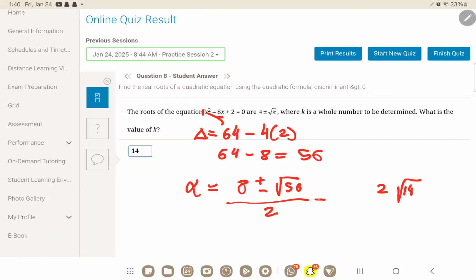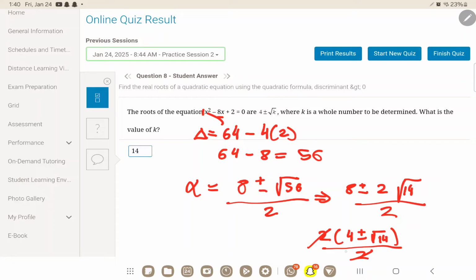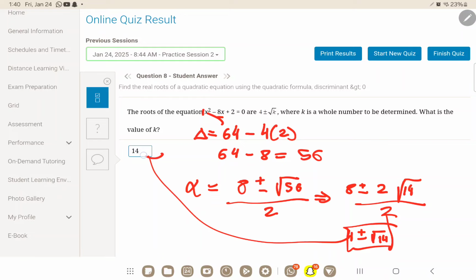So technically it's 8 plus minus 2 radical 14 over 2. We can factor out that 2, so you're left with 2 into 4 plus minus radical 14 over 2. So 2 goes out with 2, you're left with 4 plus minus radical 14. And that is your final answer.